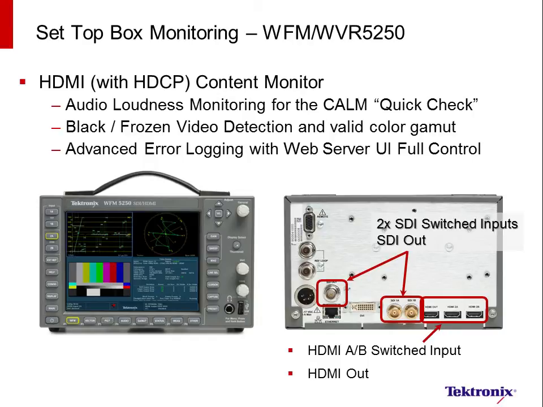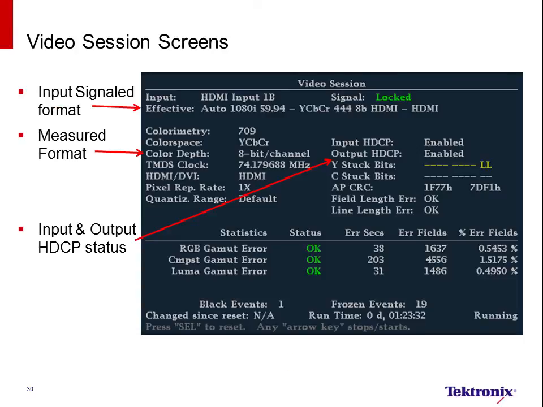If the HDMI input is non-HDCP encrypted, it will also produce an HDMI to SDI conversion and give you the SDI out from the HDMI input if the HDMI input was non-HDCP protected.